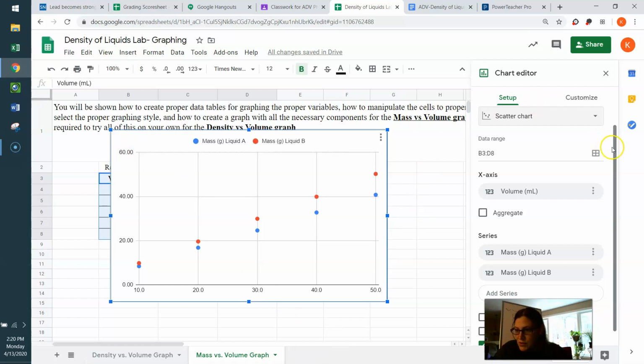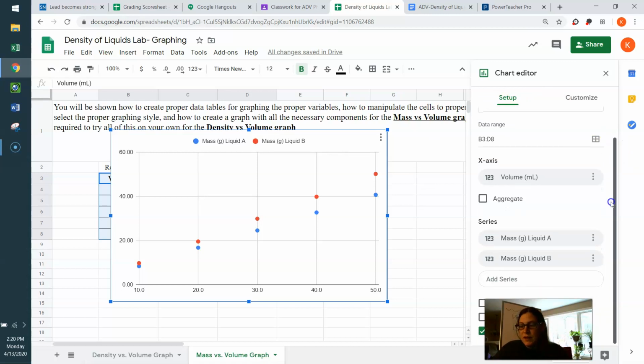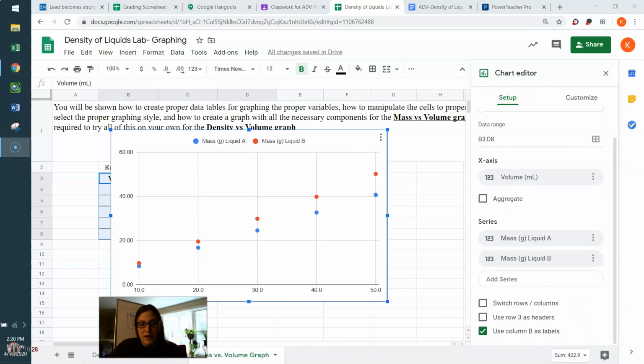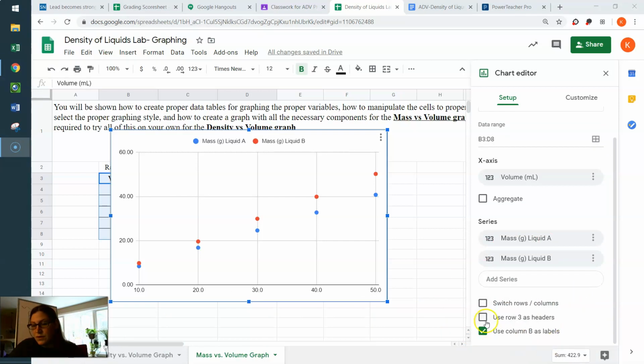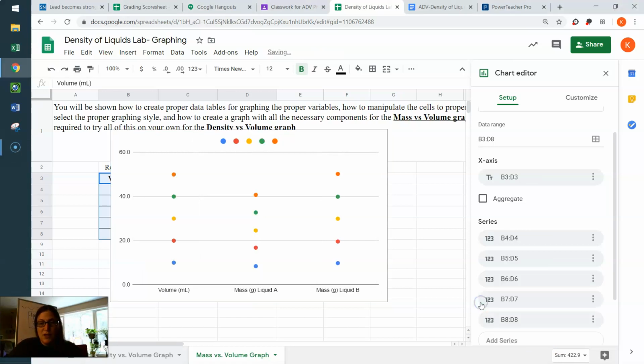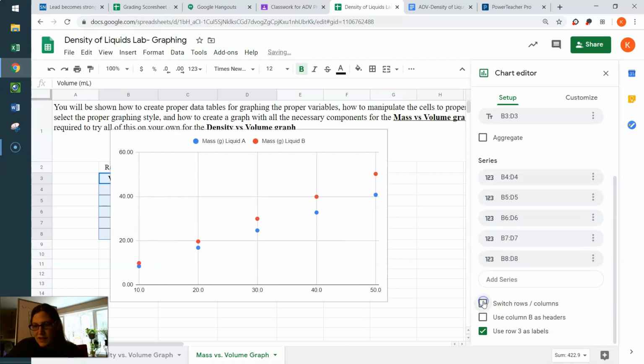Okay. Now I'm going to scroll down right here because I want to see if I click either of these buttons how it affects my graph. If I were to switch the rows and columns, which I don't think is a good idea, you can see that you get a graph that doesn't seem right. Okay, so I'm going to go back down and unclick that. That is not correct.